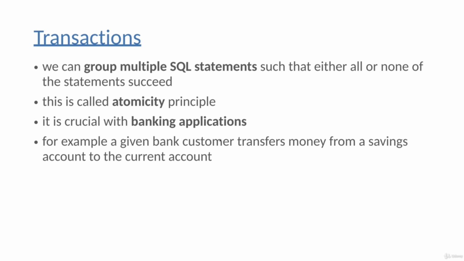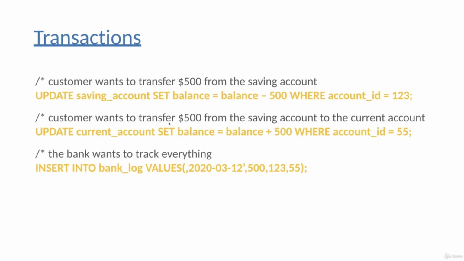banking applications, for example. So let's assume, just for demonstration purposes, that a given bank's customer transfers money from a savings account to the current account. So what's going to happen? There are going to be multiple SQL statements. First of all, we have to update the savings account. So we have to do something like this.